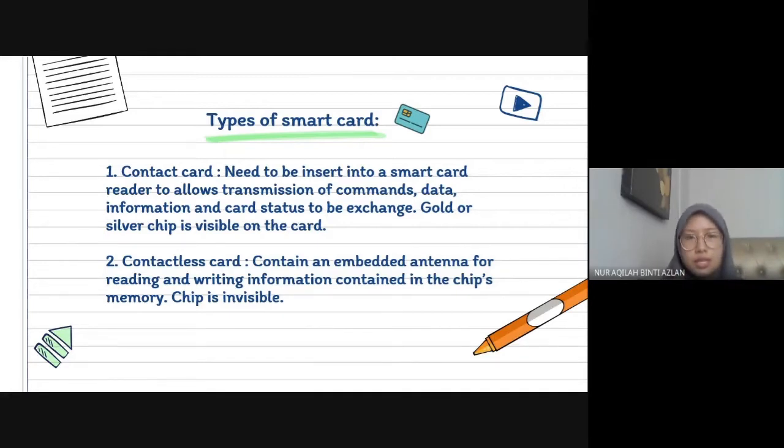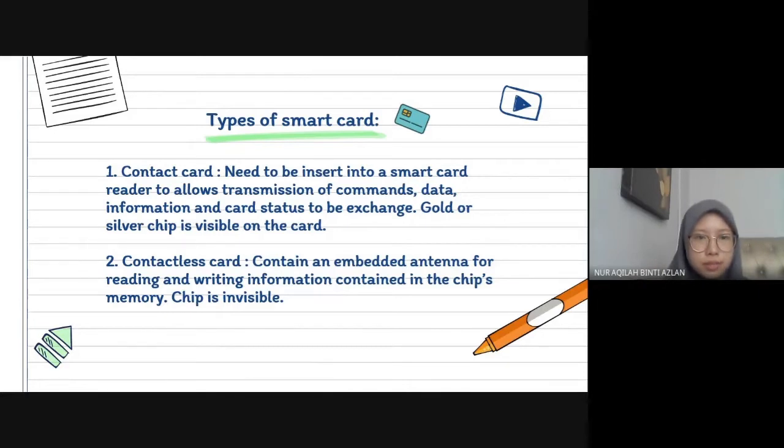Contoh macam kita punya IC kan ada gold chip tu. Itulah sebab dia panggil contact card sebab nanti bila masuk kat dalam card reader, benda tu lah dia akan baca. Card reader akan baca from the chip.